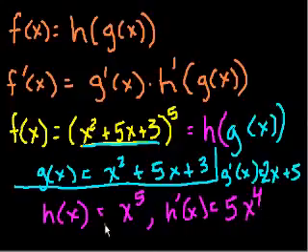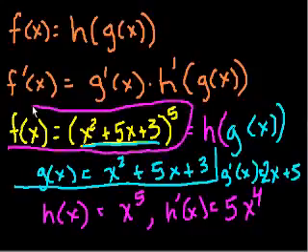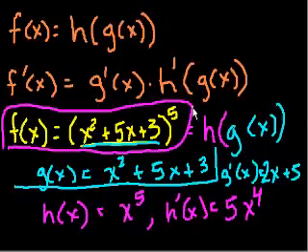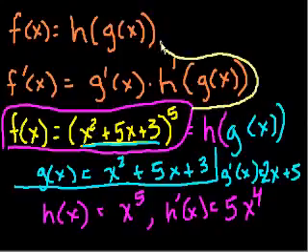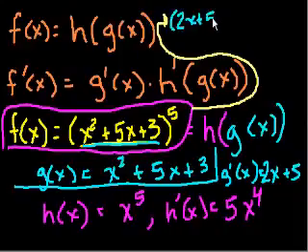So the chain rule just says that the derivative of this entire composite function is just, let me write it down here. I'm doing this to optimally confuse you. The derivative of this entire function is just g prime of x. Well, we figured out what g prime of x is here. It's 2x plus 5. So it's 2x plus 5 times h prime of g of x.